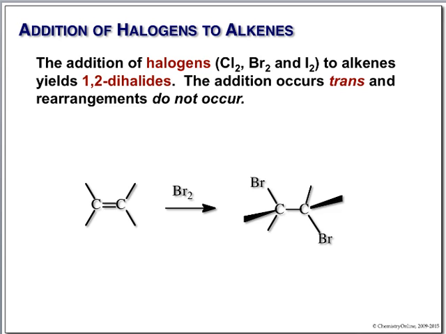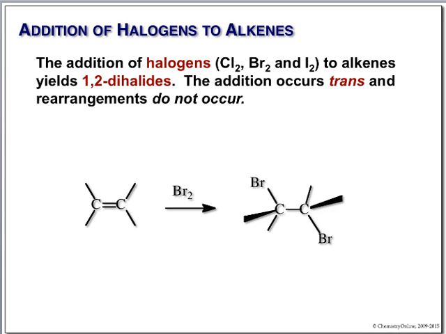Not only that, but there's stereochemistry here. In this addition, the halogen atoms always come in trans to each other. So we form a 1,2 dihalide with trans stereochemistry.